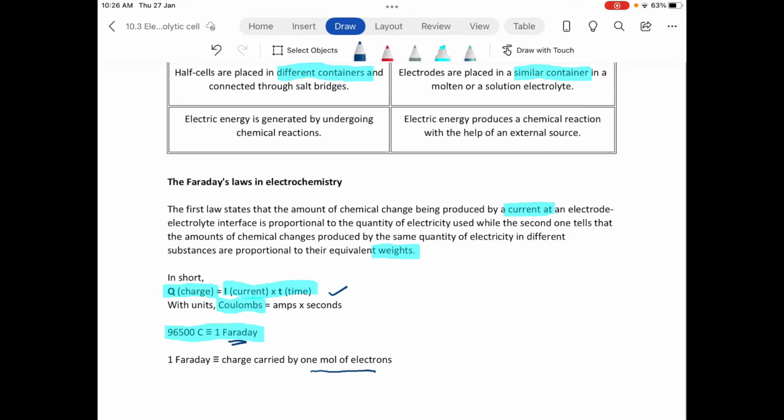So setiap reaction tu ada elektron yang akan bergerak. So 1 mole of electron tu membawa charge sebanyak 1 Faraday. So the relationship between Faraday and Coulomb ni ialah 96,500 Coulomb is equivalent to 1 Faraday.